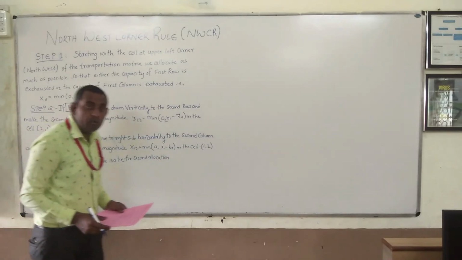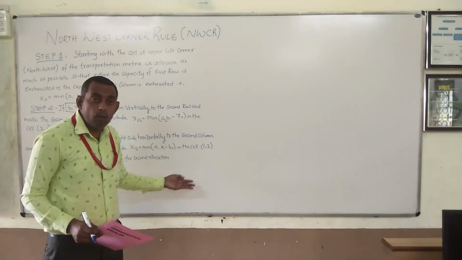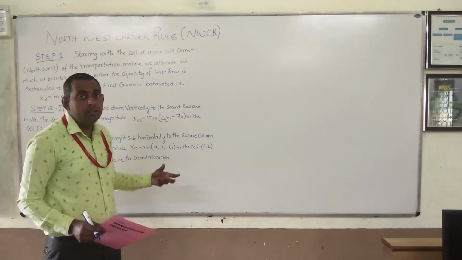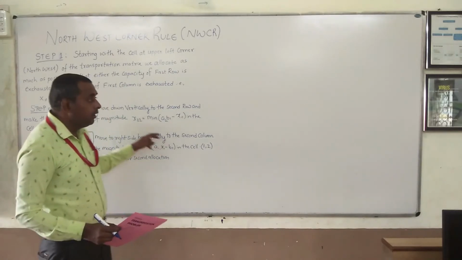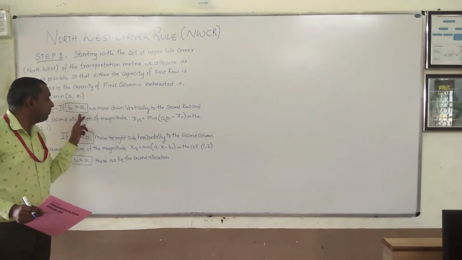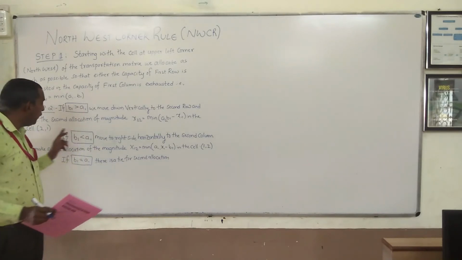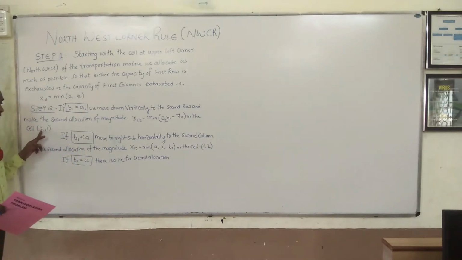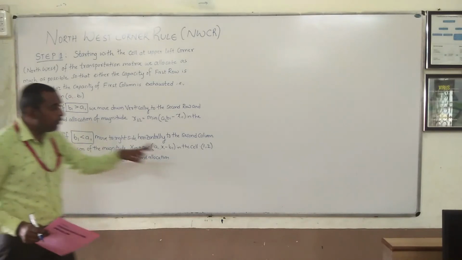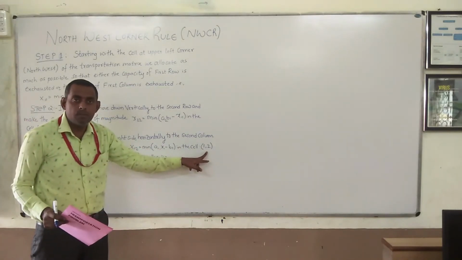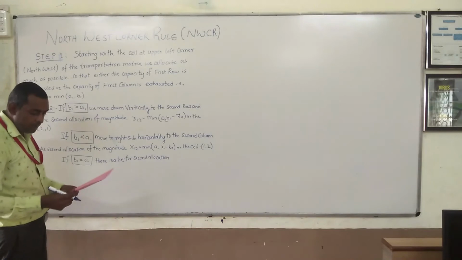So what do we need to do for the second allocation when there is a tie? In case B1 is greater than A1, we go for allocation 2 comma 1. If B1 is less than A1, we go for allocation 1 comma 2. But what about the case of a tie?